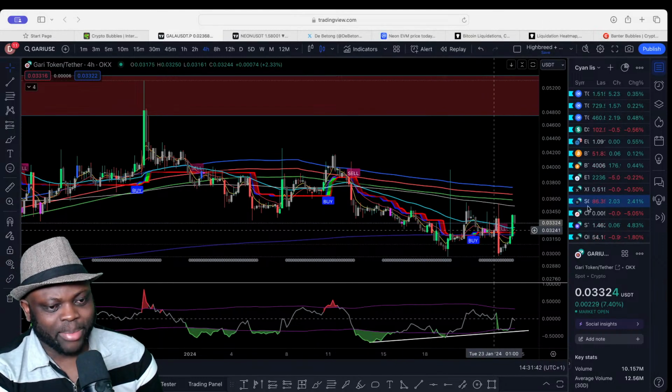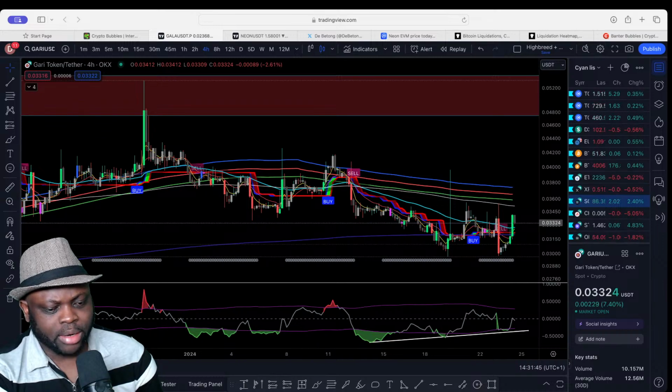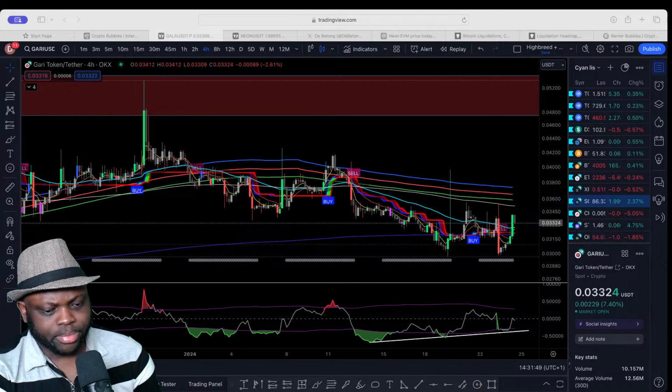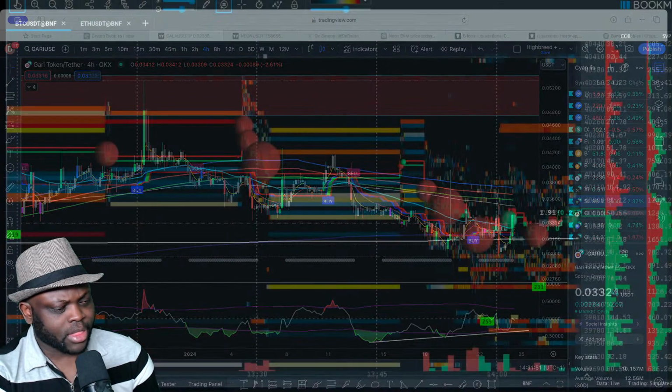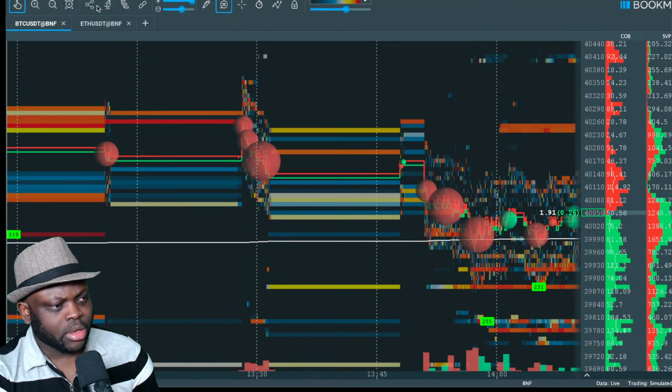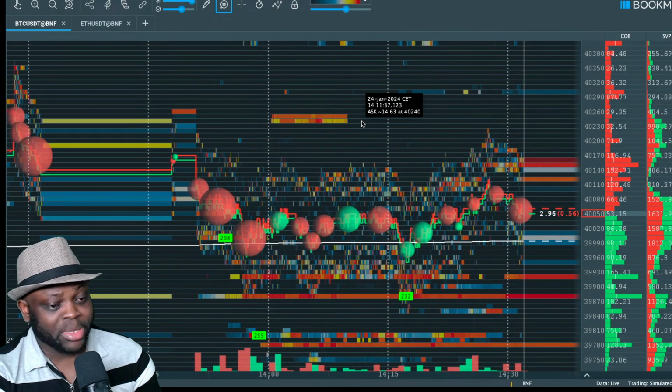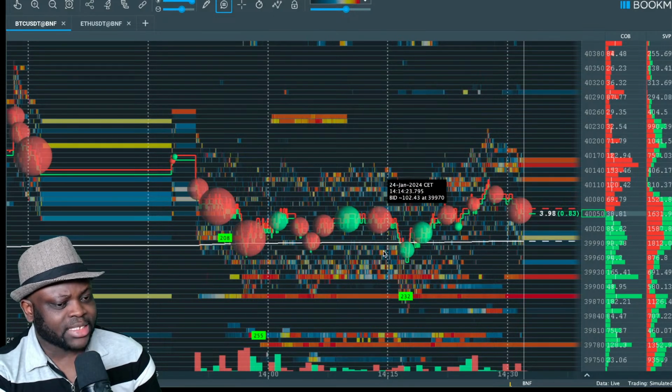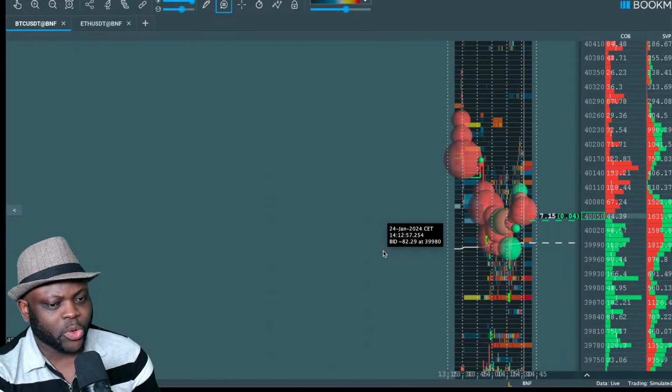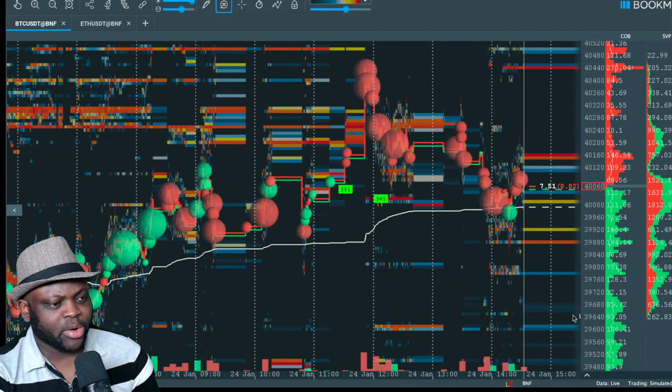But let's go back to Bitcoin. Not before we go back to Bitcoin, let's look at this book map. Okay, Bitcoin is still above the VWAP. Guys, the book map is simple order flow. It gives us zones in the market where there are buy or sell orders.